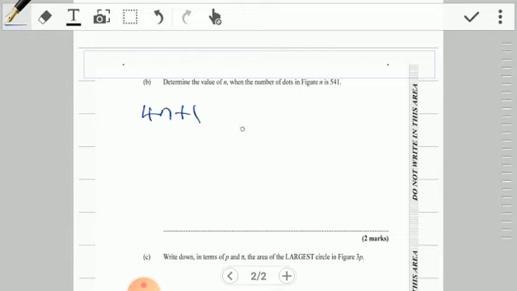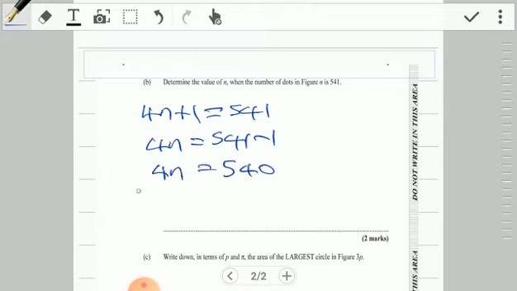So 4n is equal to 541 minus 1, so 4n is 540. Divide by 4, and n is going to equal 135. So 135 would be the figure that produces that amount of dots. We capture these 2 marks easily.